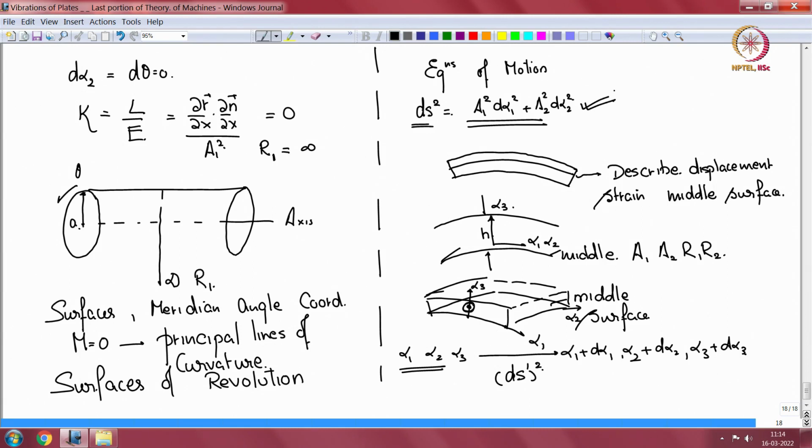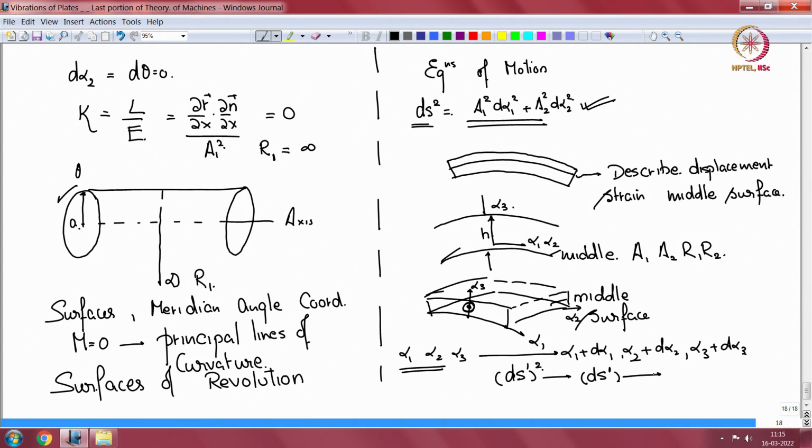So it will also carry A1, A2 and so forth, but it has a different form, ds dash square.